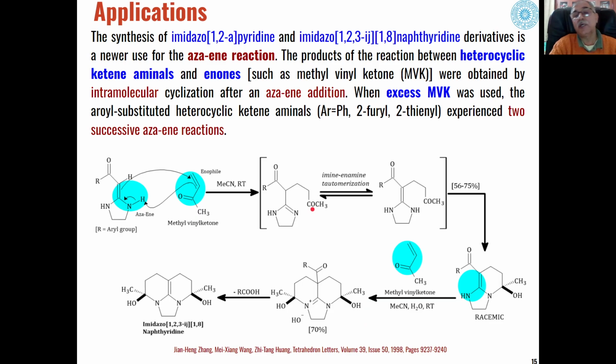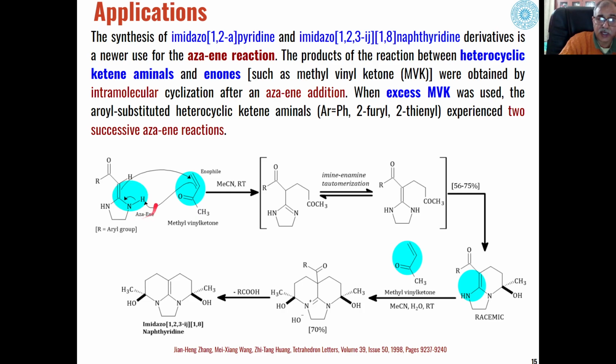Then the Alder Ene reaction was also used for the synthesis of imidazo[1,2-a]pyridine systems or imidazo[1,2,3-ij][1,8]naphthyridine systems. And this reaction is called an aza-ene reaction because here the nitrogen is involved in this reaction.